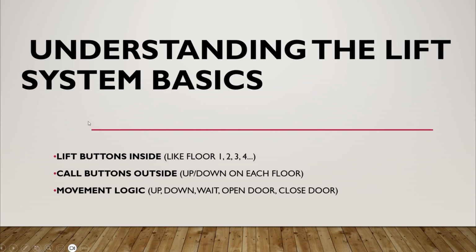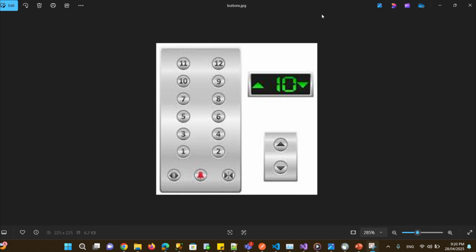So, lift buttons inside. What is a lift? See, there's a lift. Inside the lift we have buttons for opening the lift, closing the lift, and selecting the floor. Outside of the lift we have buttons to call the lift.